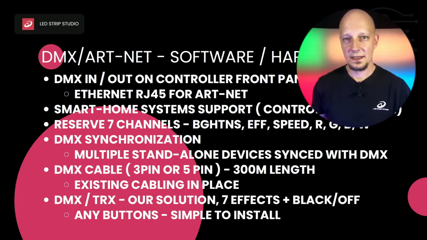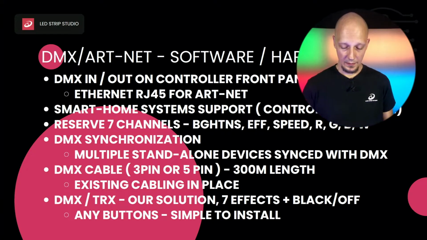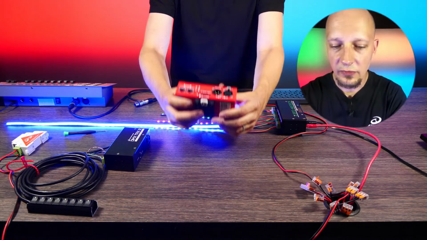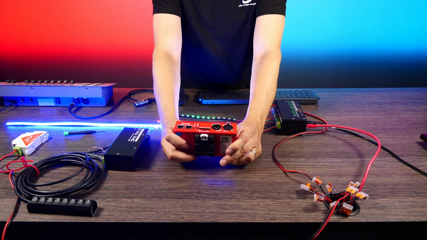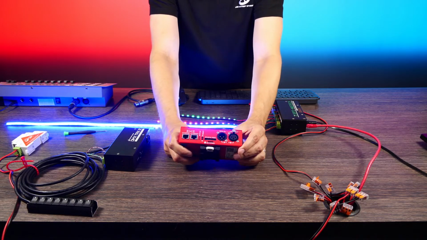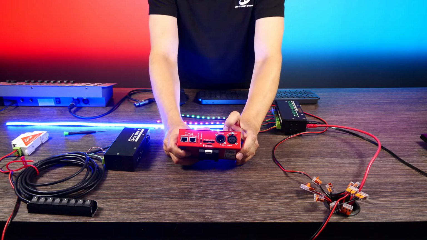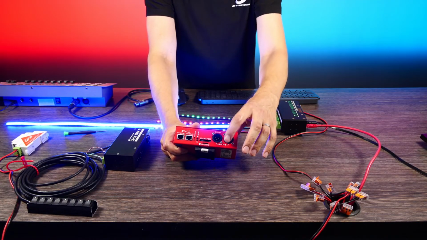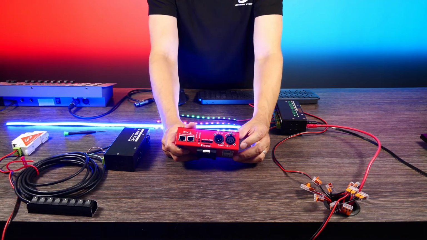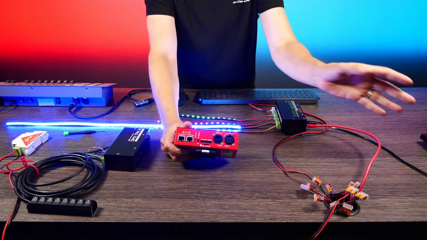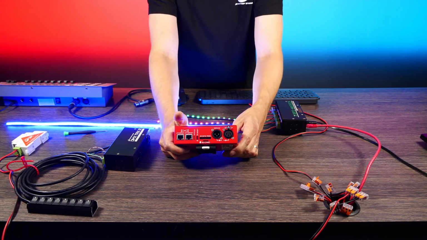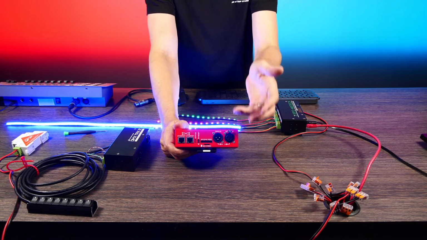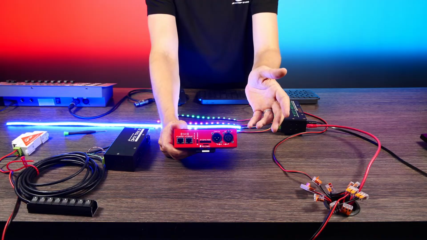On the front panel itself, if we go back into the DMX, on the front panel itself of the LED3, you can find two ports. So pretty obvious, right? This one is for your DMX in, so the DMX data going into the device, and this is for your DMX out. You can daisy chain multiple devices in a row and control multiple controllers with a single DMX source, even in a standalone mode.